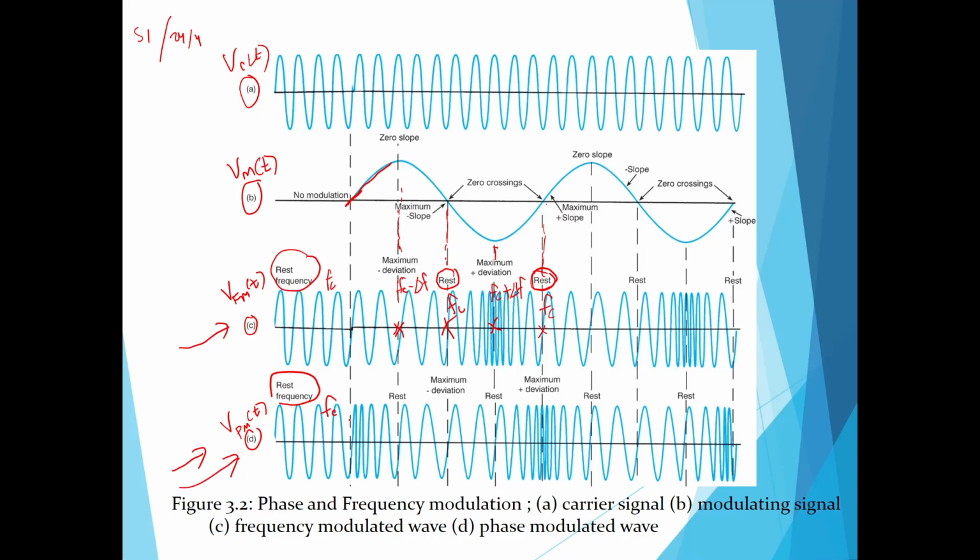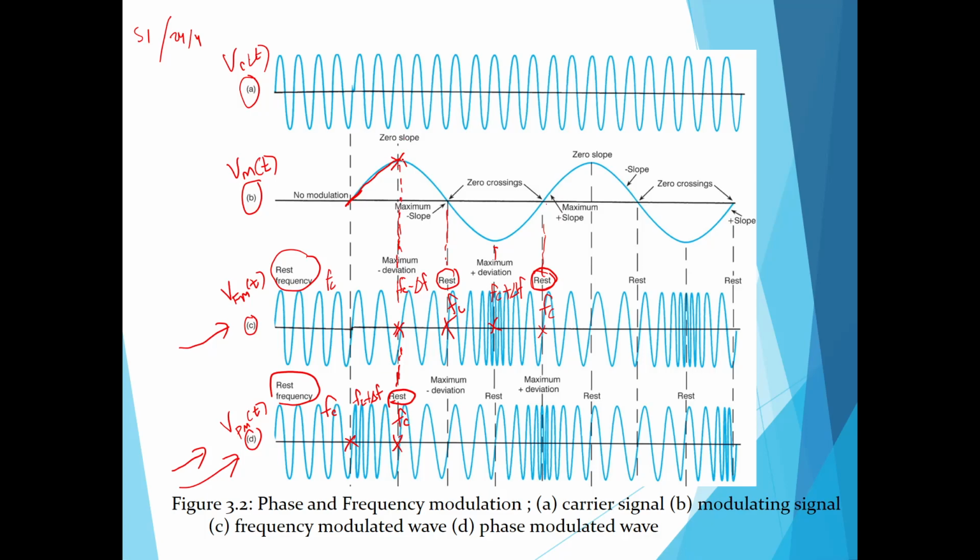At this point, the frequency is maximum, which is Fc plus delta F. Then the input message reaches the positive peak amplitude. What happened? At the output, the carrier frequency would be at rest frequency, which is Fc.